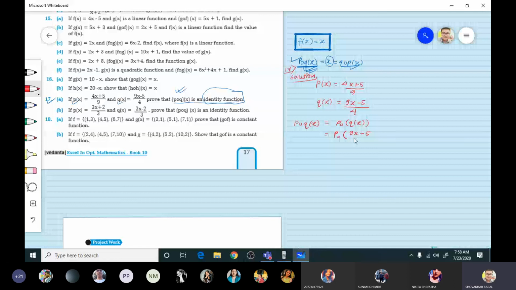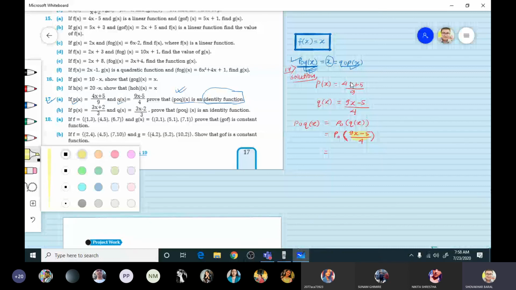This may be difficult for you because there is a larger value, but the process is the same. The basic concept is the same. Just insert this value, (9x minus 5) by 4, in place of x in the function p(x).